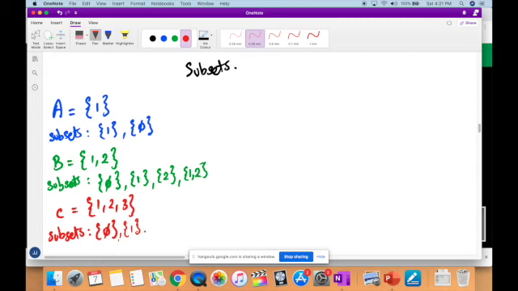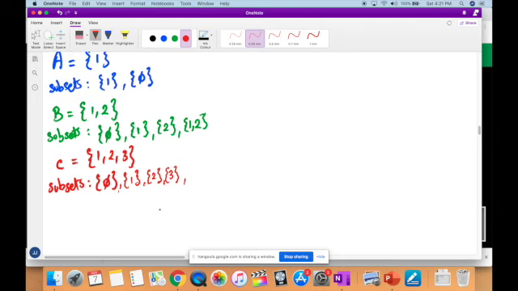Yeah. So we have the set with 1, we have the set with 2, we have the set with 3, right? So the double digit sets now. So we have the set with 1 and 2. Then we have the set with 1 and 3. And then we have a set with what?